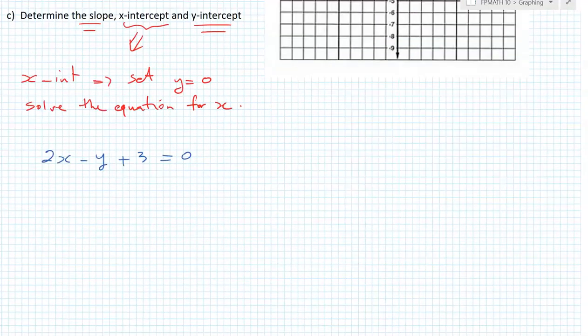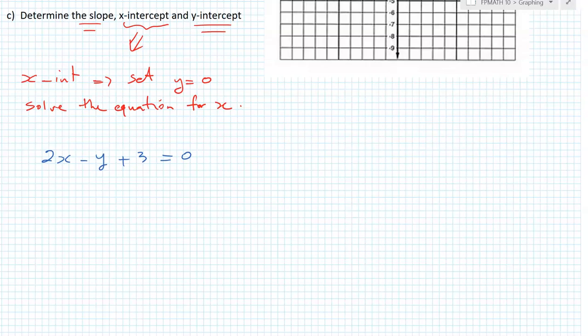Now it's important to use the original equation, even if it's written in general form, because in case you made a mistake transforming the general form into the slope-intercept form, you're not going to continue with the same mistake. So we're going to use the original.